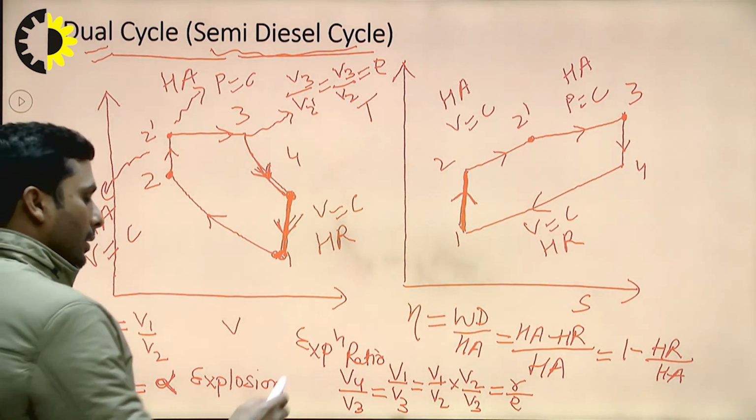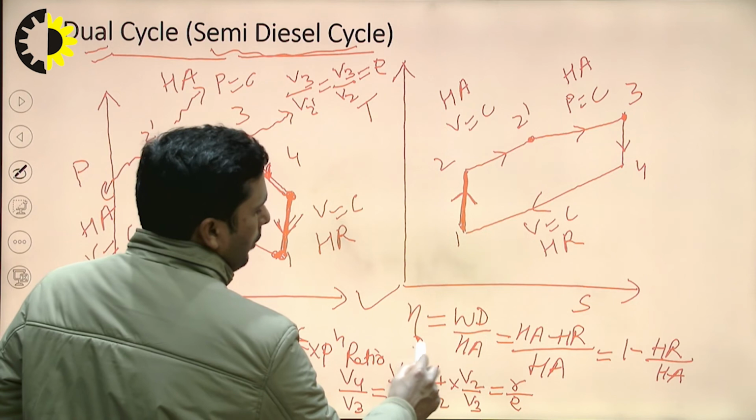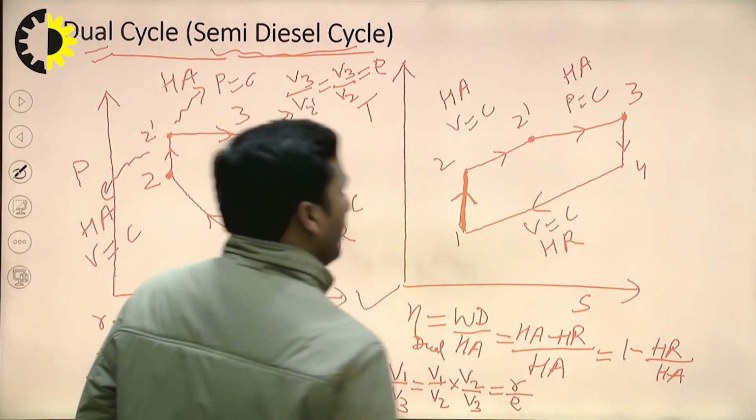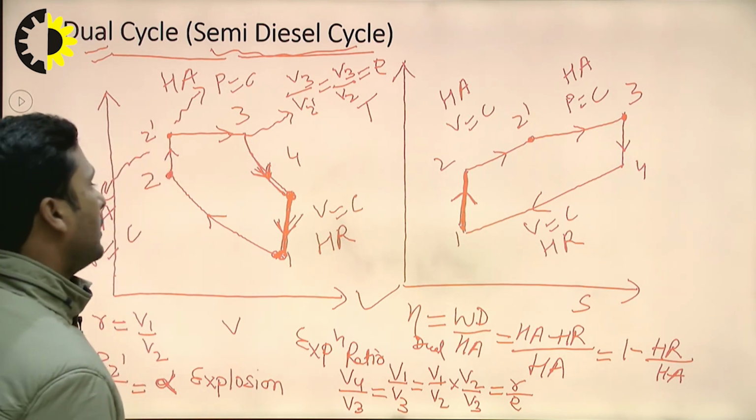So our aim is to calculate the thermal efficiency in case of the dual cycle, that is equal to 1 minus heat rejection upon heat addition. So the focus is to calculate heat rejection and heat addition.